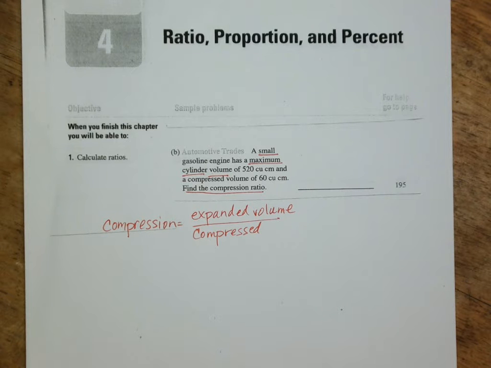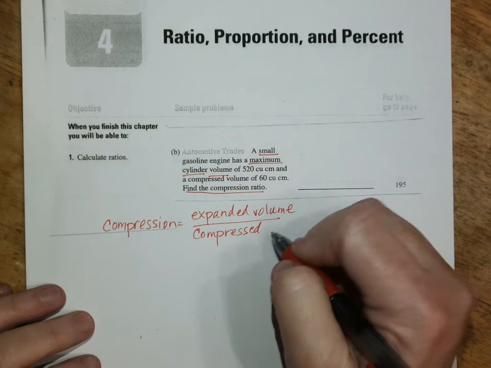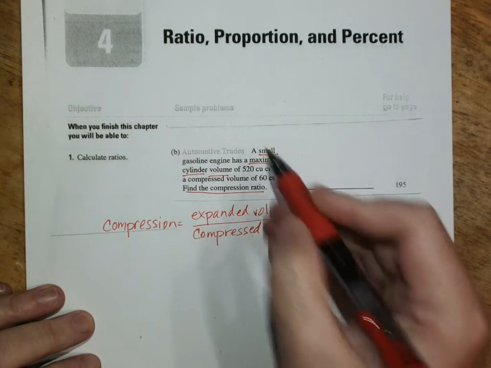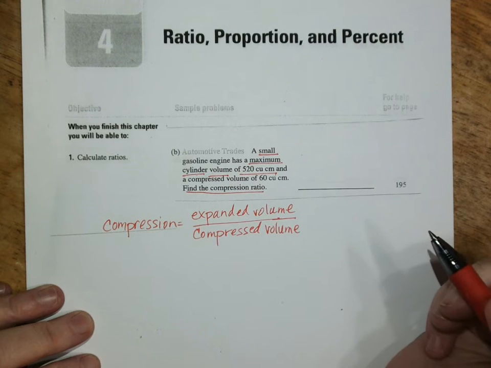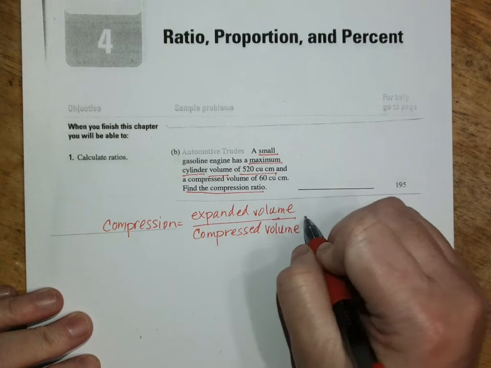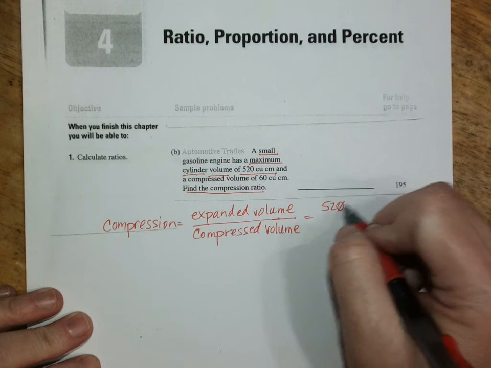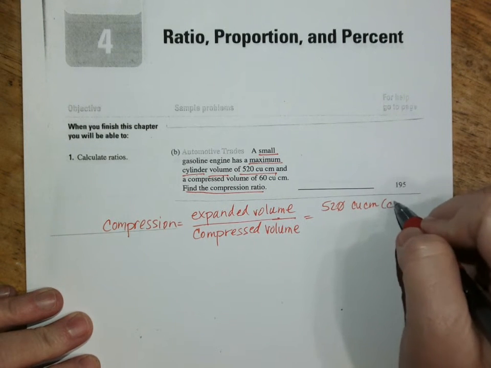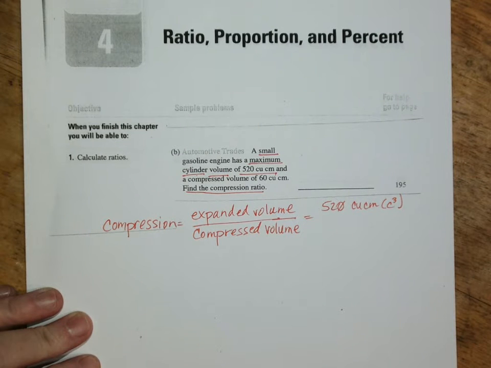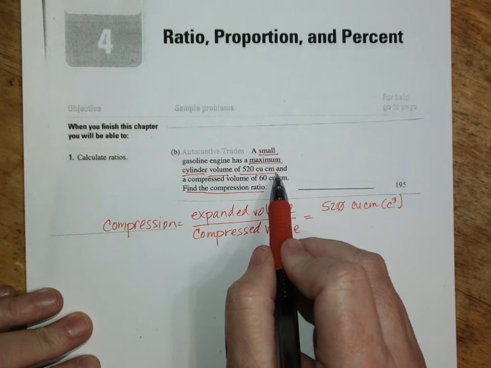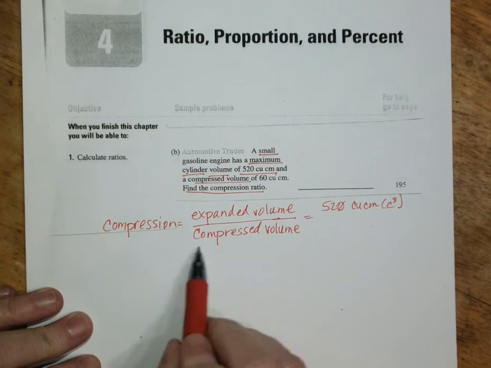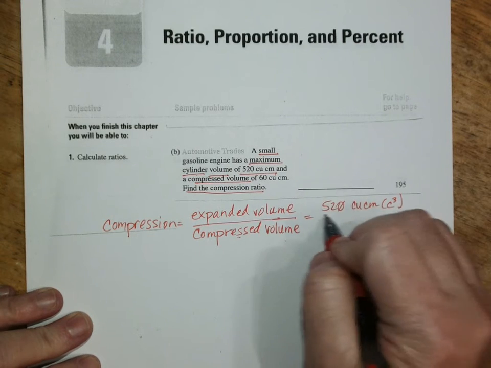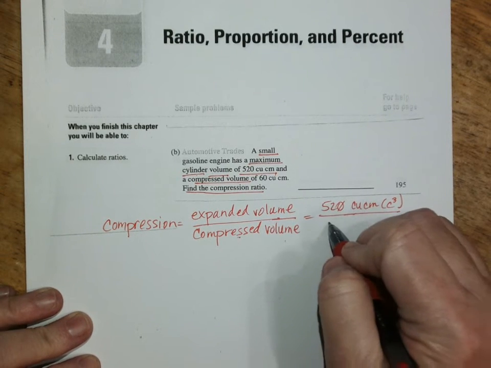So right now in our word problem, we see a maximum cylinder volume of 520 cubic centimeters. Okay? So we're going to go ahead and write that there. 520 cubic centimeters. You can write cubic centimeters out like that, or you can abbreviate it. Doesn't matter. And a compressed volume, which literally is the same thing, compressed volume of 60 cubic centimeters. However you want to write that out.